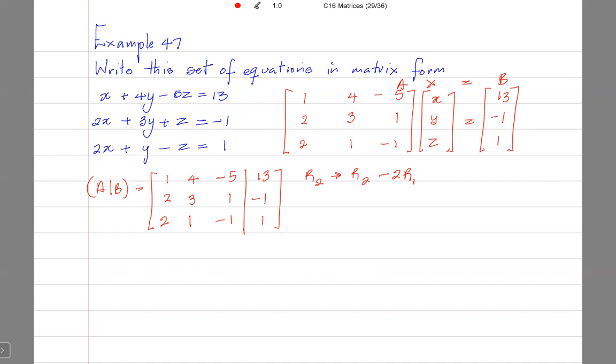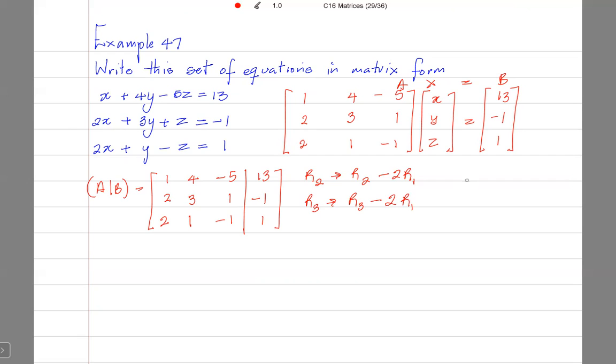So my first 2 row reduction operations are to make the first element of row 2 0 and the first element of row 3 0. All right, so a similar thing for row 3. Row 3 is row 3 minus 2 times row 1.